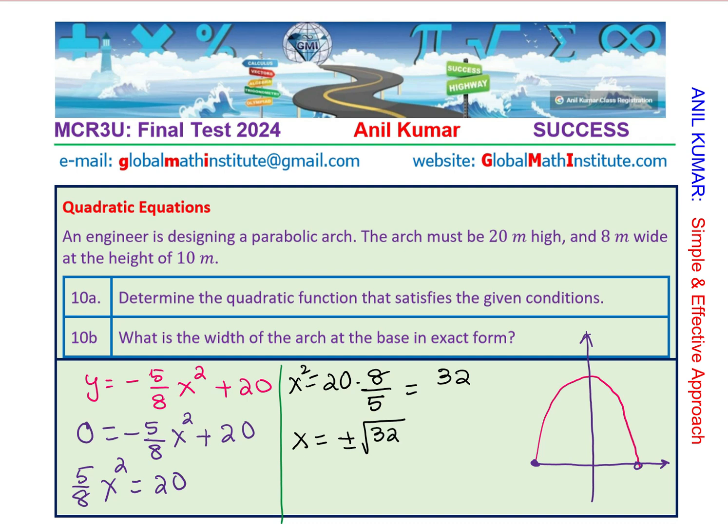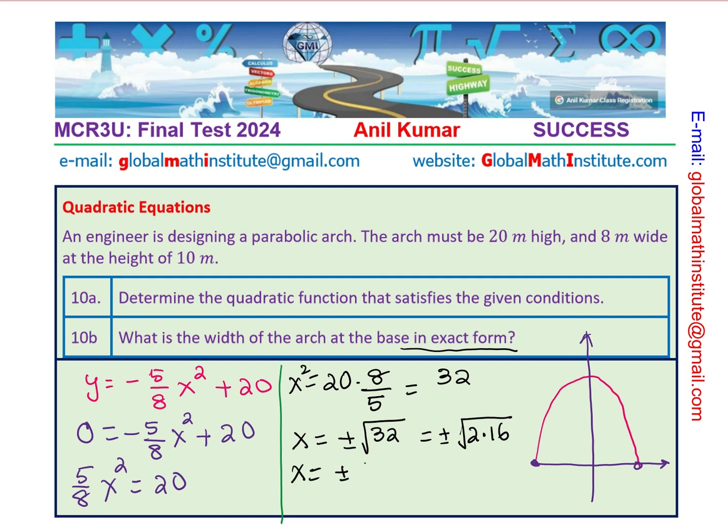And 32, now we want it in the exact form, right? No decimals, right? 32 you could write as 2 times 16, right? So x equals to plus minus 4 square root 2. Makes sense? So we have minus 4 square root 2 and plus 4 square root 2.